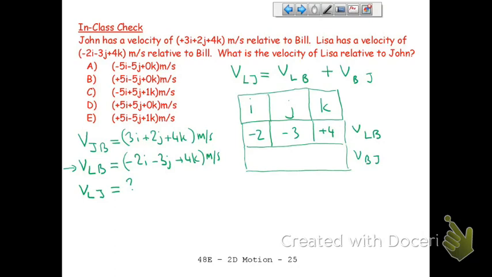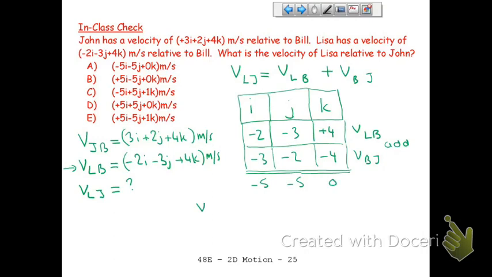The opposite sign for the I, for the J, for the K. So that's going to be minus 3, minus 2, minus 4. That tells me to add. So add, and that's going to be minus 5, minus 5, and 0.